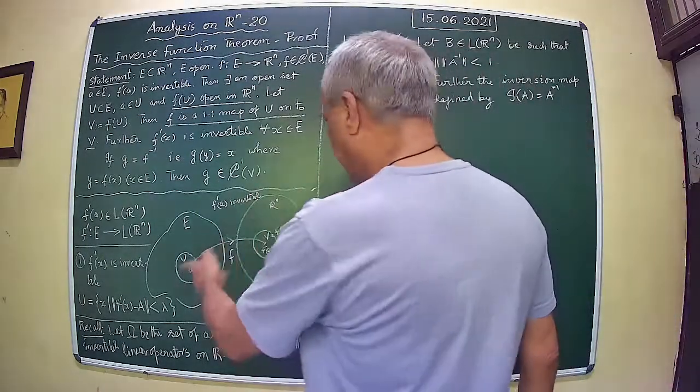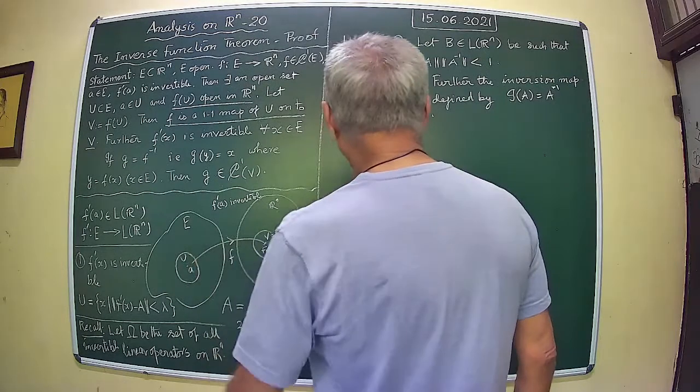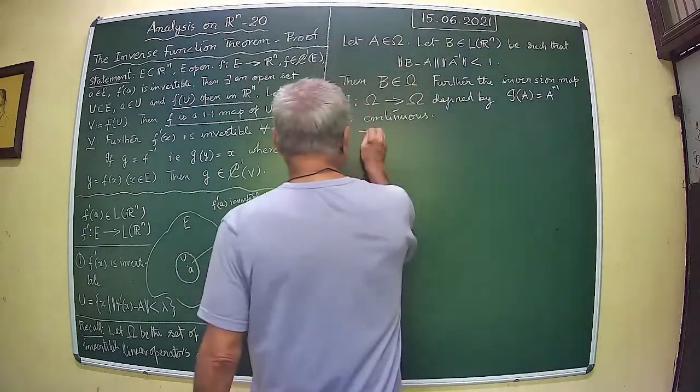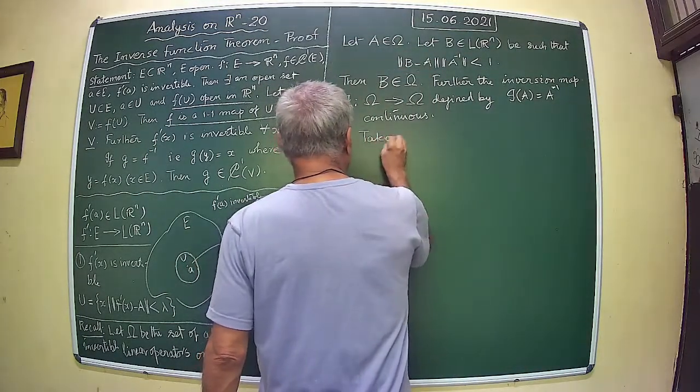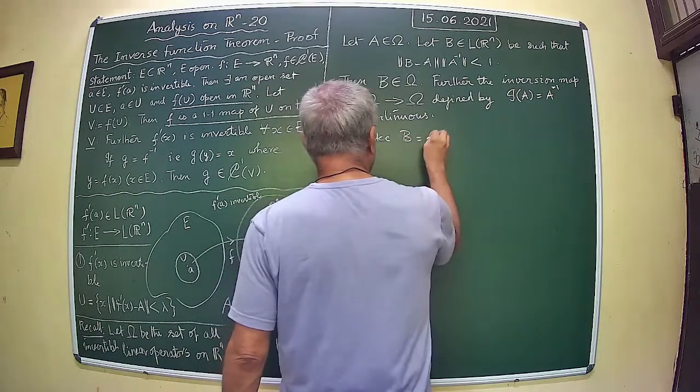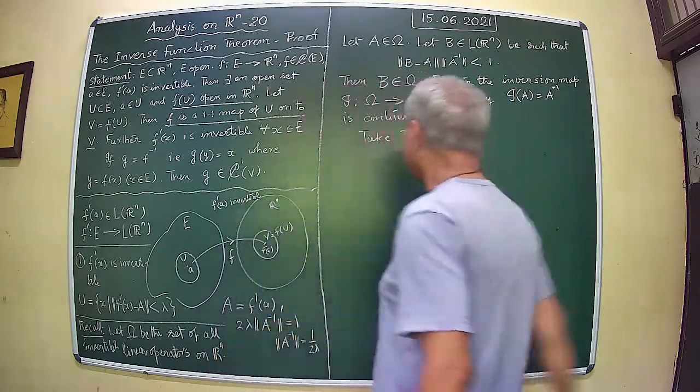So what do you have? Take B equal to F dash of x.